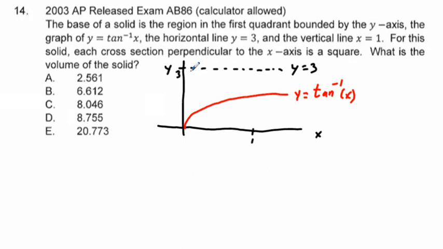And then we have this up here, and we have the line x equals 1. So I'm drawing that. So a lot of things going on here. X equals 1. So we're talking about this shape right here that I'm hashing in green.